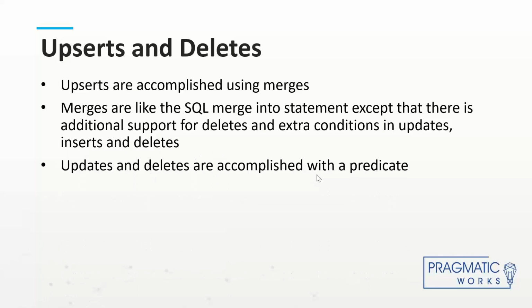Updates and deletes are accomplished with a predicate. So what you do is, just like in SQL Server or a SQL-based relational database, you just go in and say, I want to update these rows where a condition is met. And the same applies to delete. You say, I want to delete a set of rows where a condition is met.